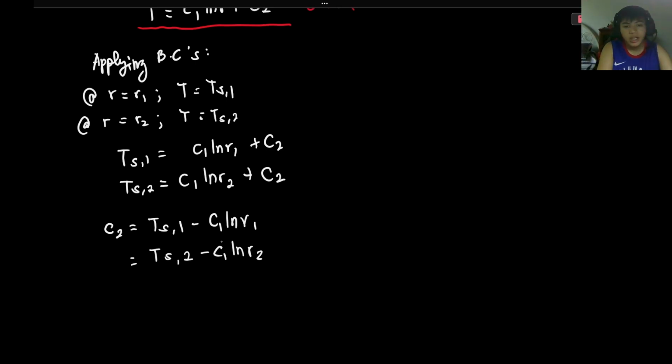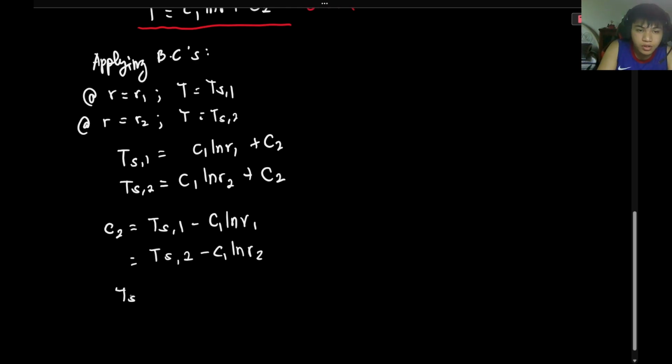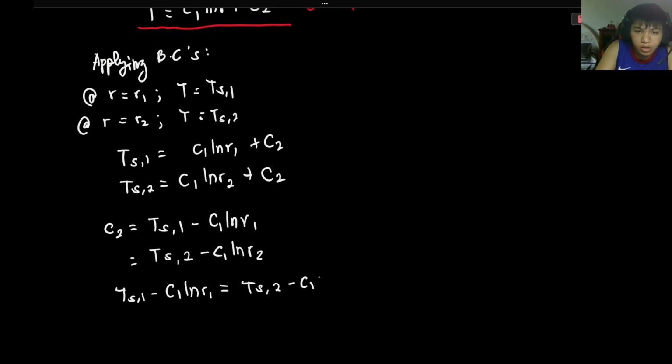Ayan. And we equate this. We equate this, and we solve for C1. So, equate natin siya. TS1 minus C1 ln R1 is equal to TS2 minus C1 ln R2. Ayan.